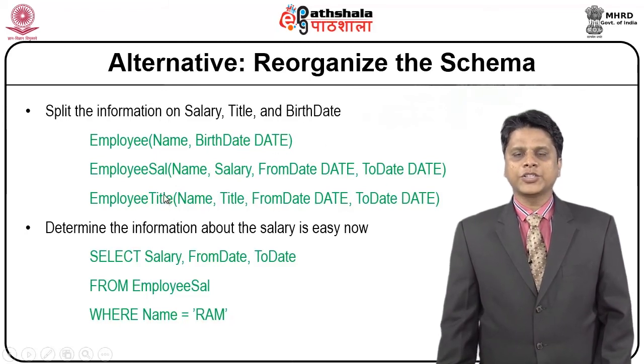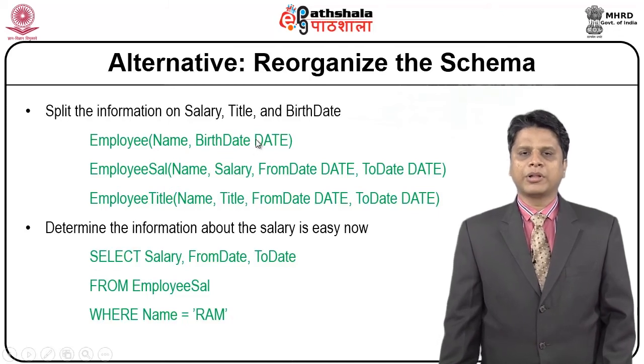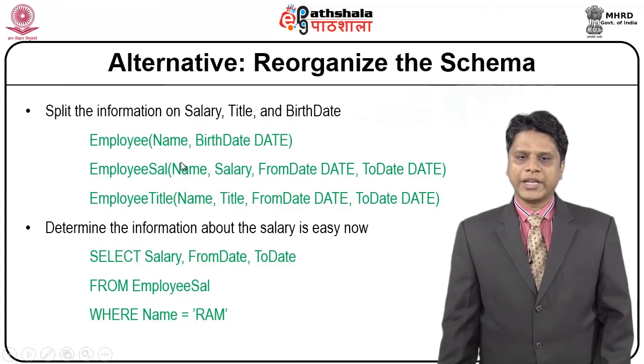The advantage of this over the other relation is that in the first table we will have only name and date associated, so it will have the minimum number of tuples. It will be only one tuple in the case of the Ram record that we have seen. Whereas if you look at the second table, the salary might have changed over a period of time. So for a time interval, this salary attribute would have changed.